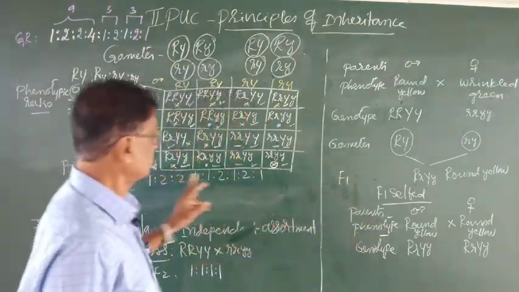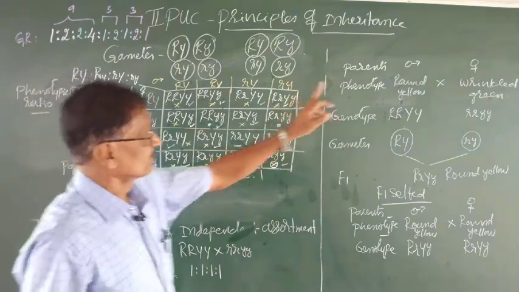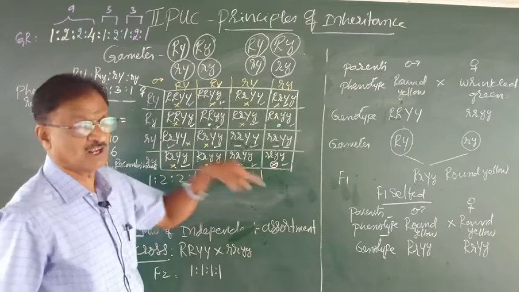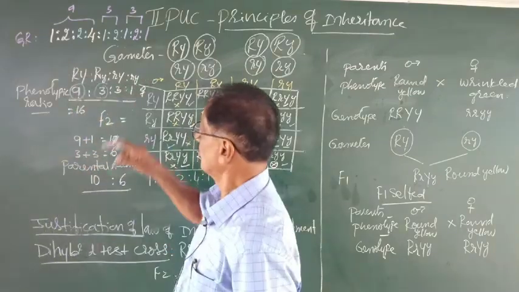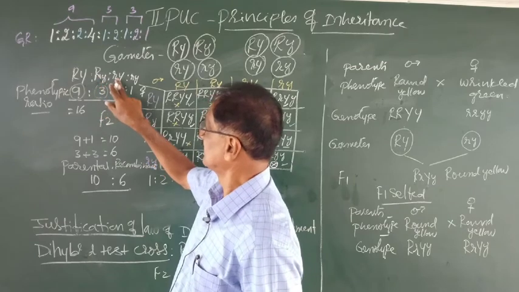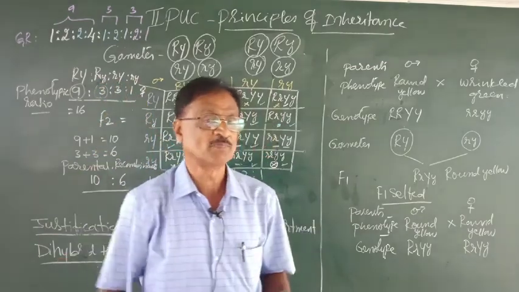But observe the F2: not only the wrinkled green, but also the two recombinants, that is round green and wrinkled yellow, also appear.